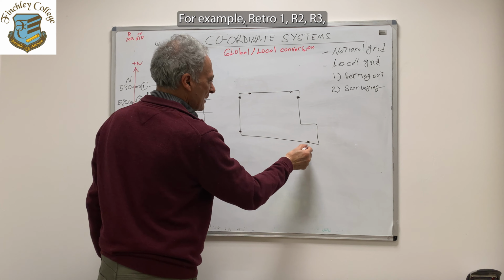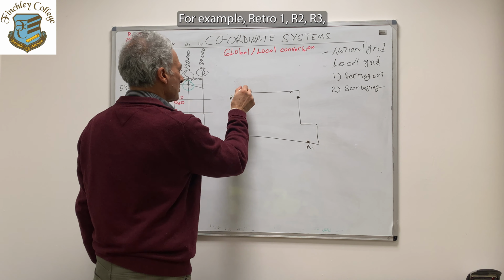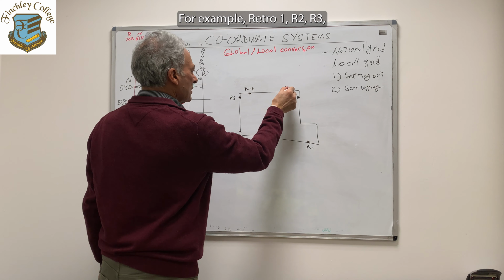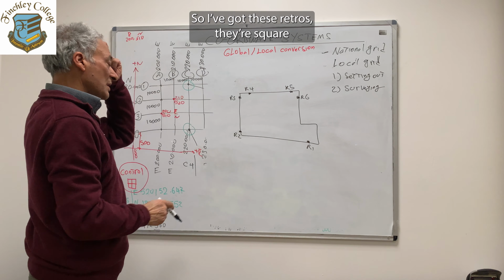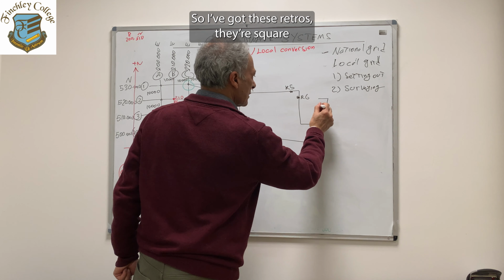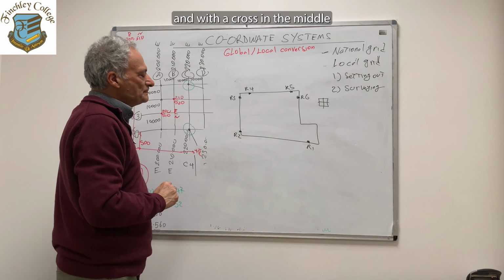I'll call them retro 1, retro 2, retro 3, retro 4, retro 5, retro 6. These retros are square with a cross in the middle.